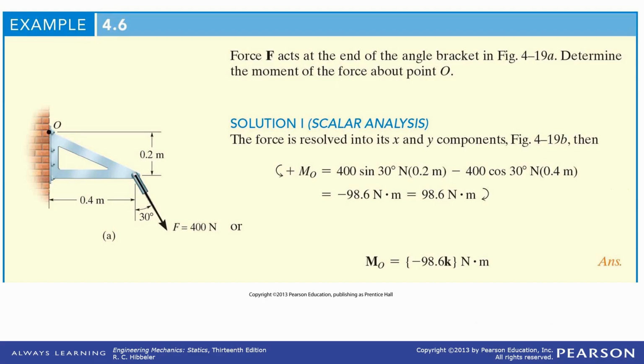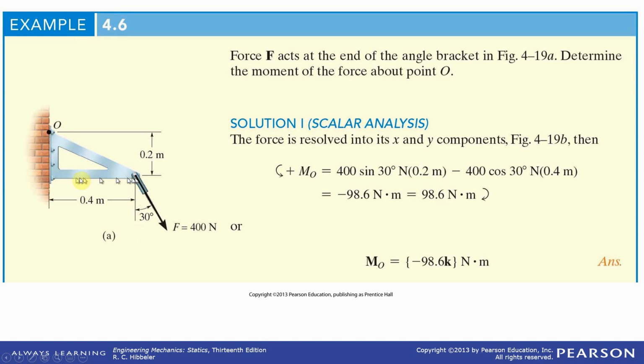So this is a problem where you can resolve X and Y. Now you want it around point O. You can take the two forces, just like we looked at earlier, and split them up.